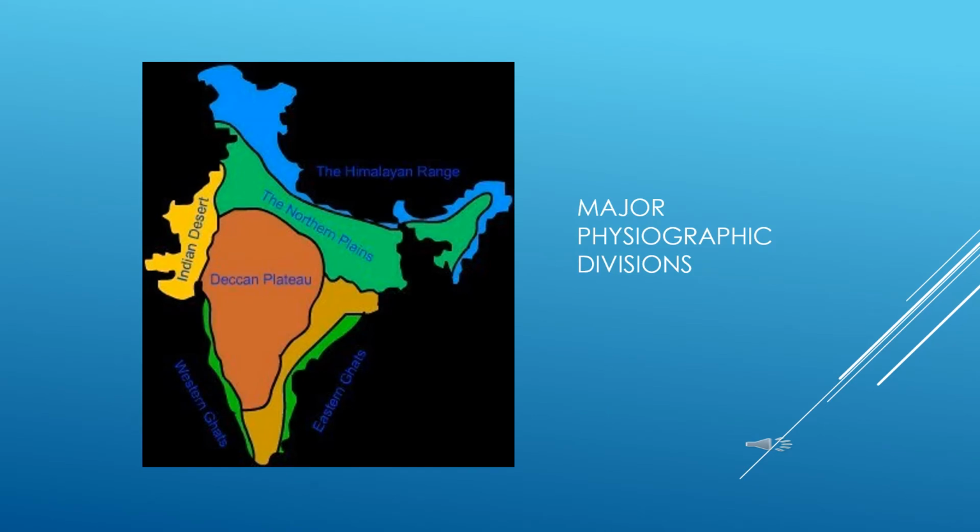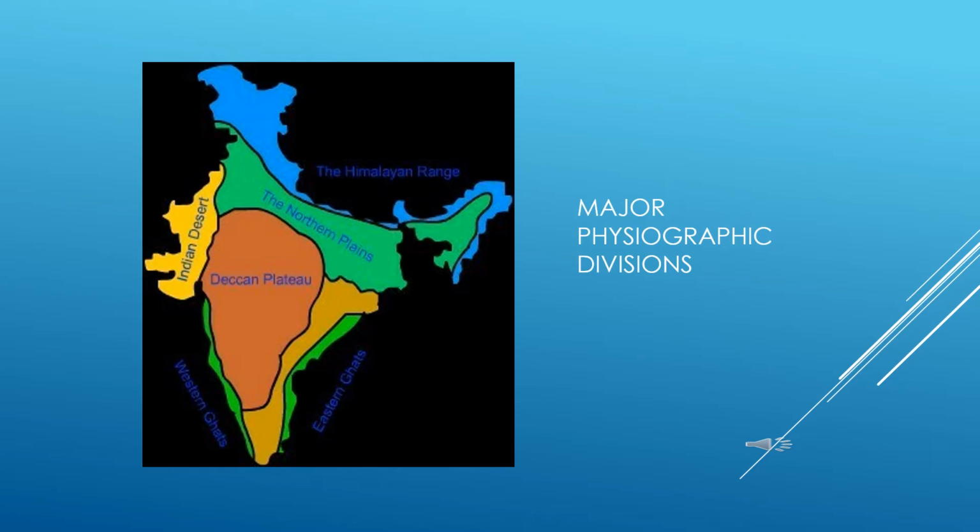So now major physiographic divisions. You can see that these divisions are the physical features of India. It is divided on the basis of the landform or the relief features. So we broadly divide it into 6 parts. In the north you can see the mountains, which we call the Himalayan mountains. Then in the south of the Himalayan ranges you can find the plain, which we call the northern plain.